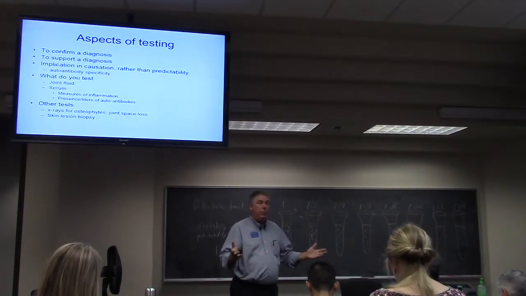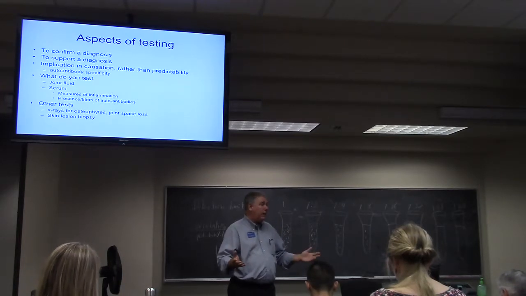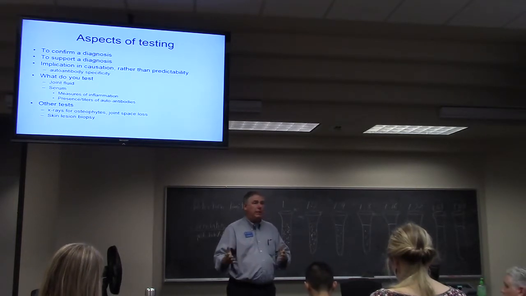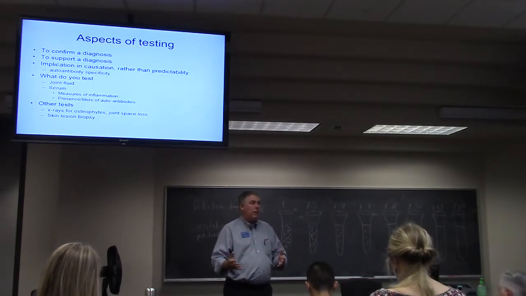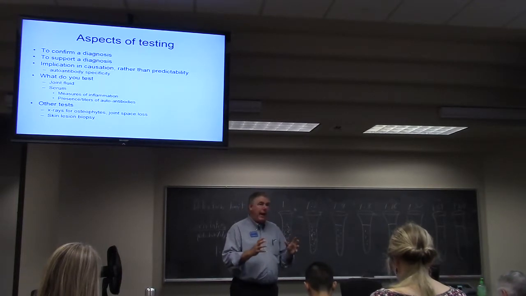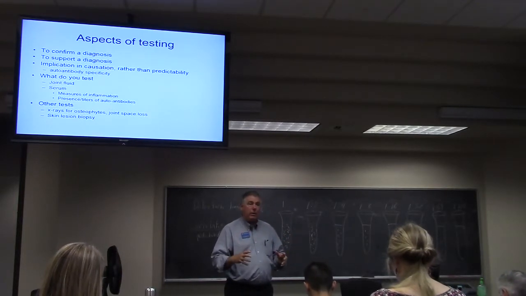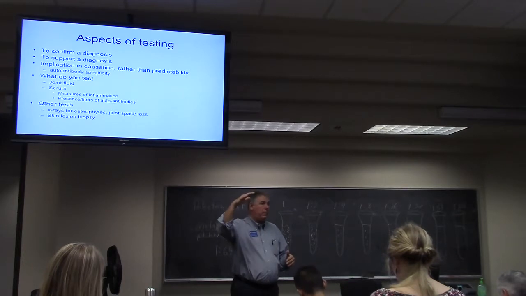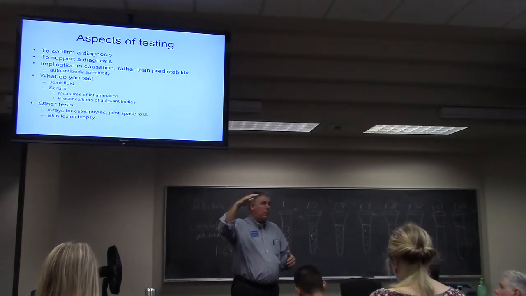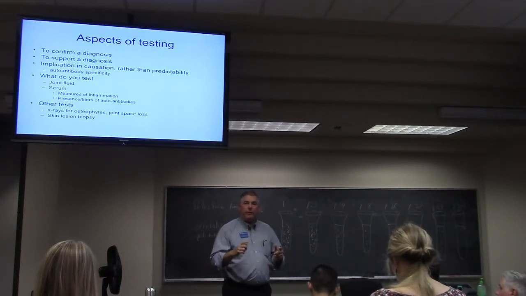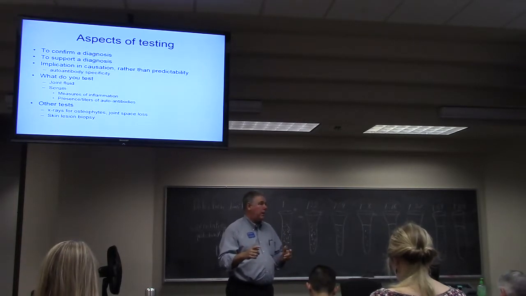But only a few percentage of people ever have connective tissue disease. It's not causation. But if that antibody ANA titer is high enough, then the incidence of disease occurring goes up.